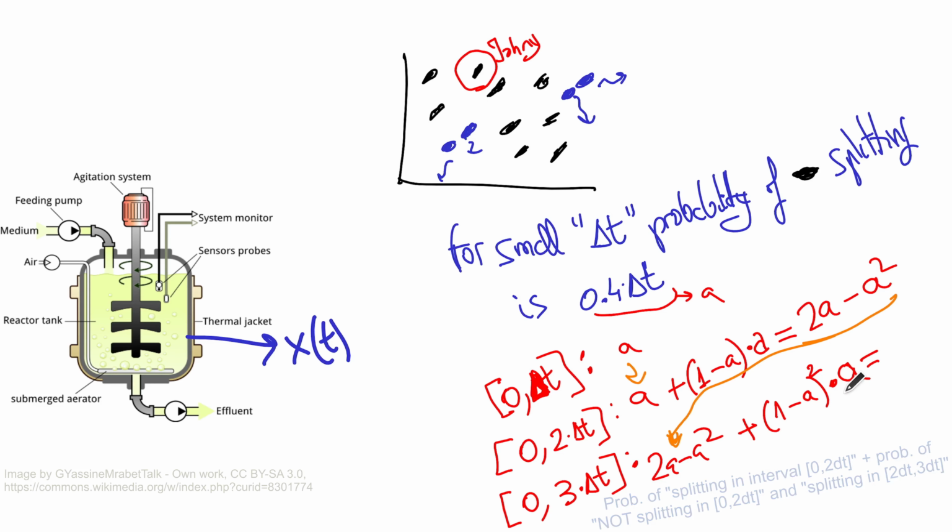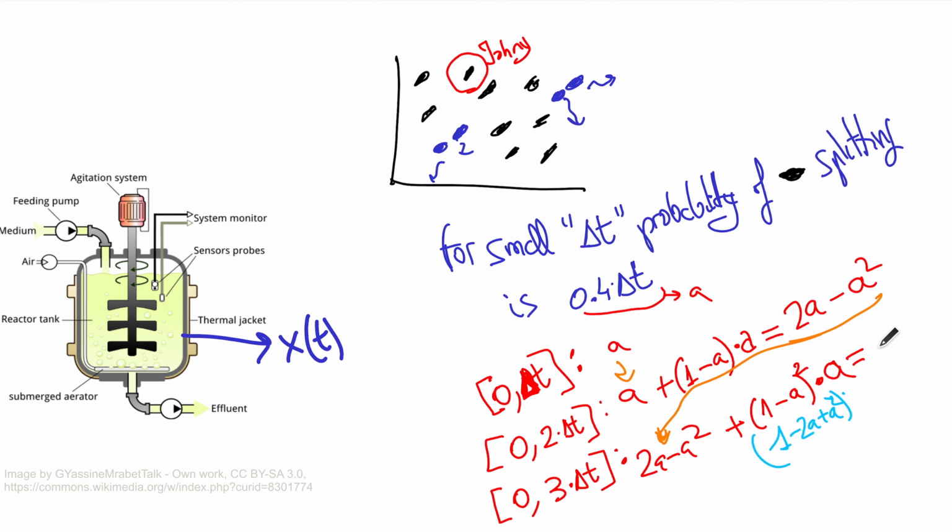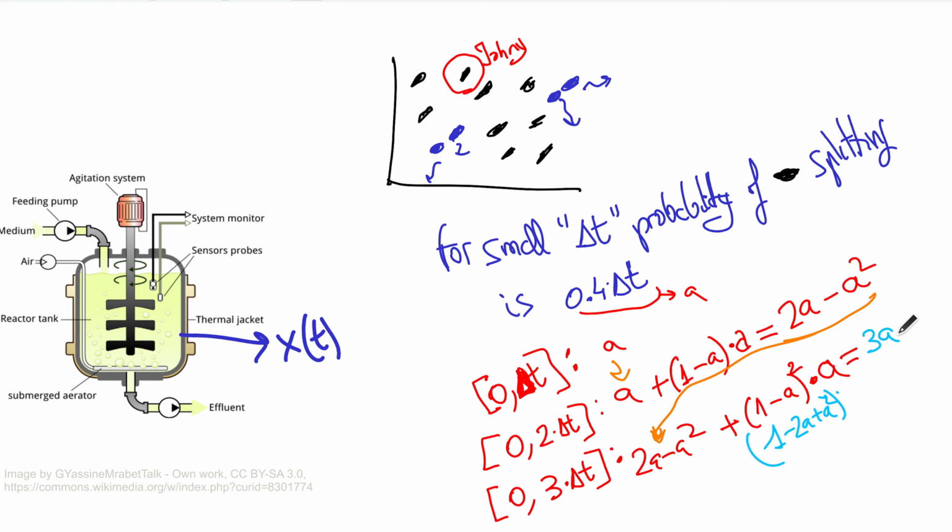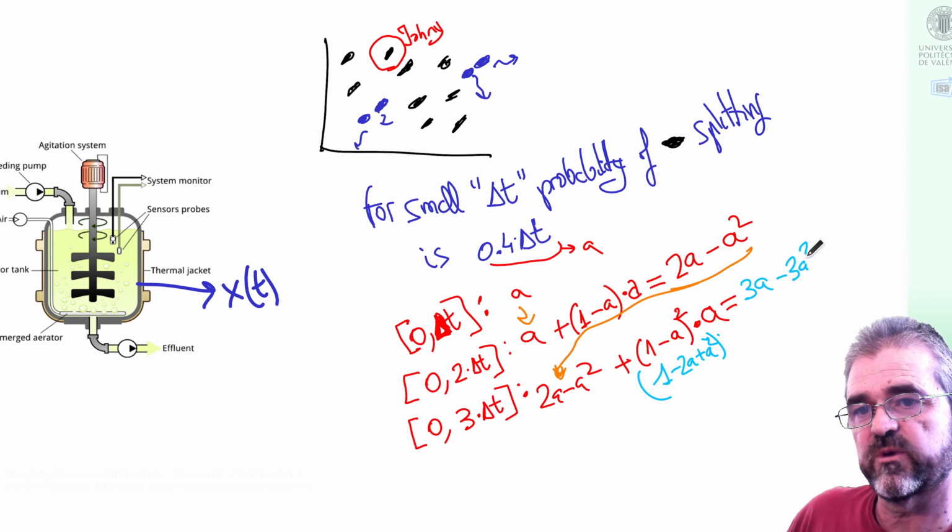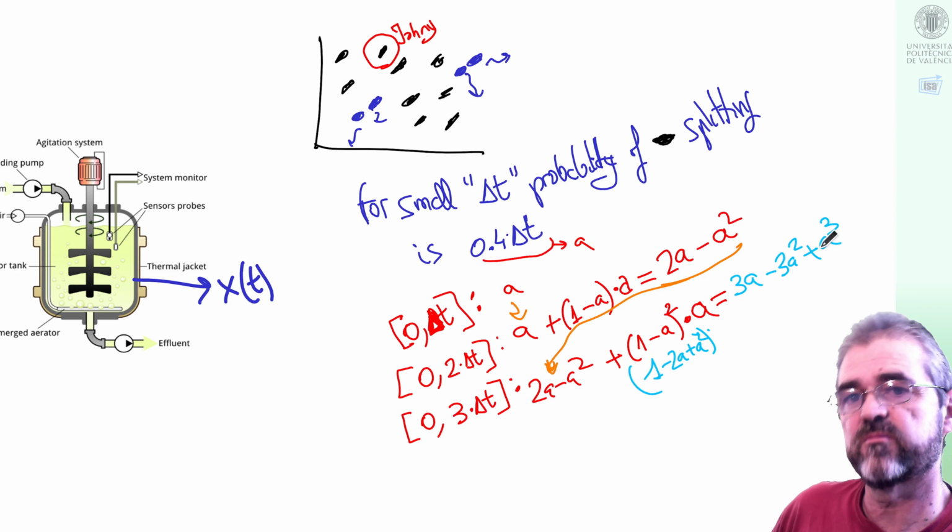And this thing will be carrying out operations in here times a. This will give me 3a minus 3a squared plus a cubed, well, and so on.